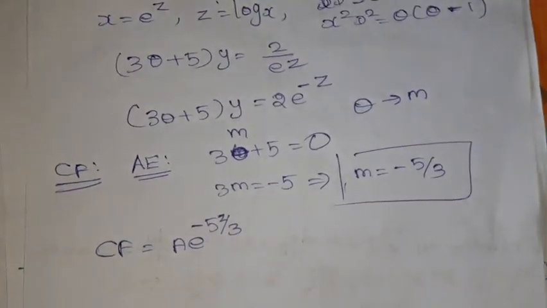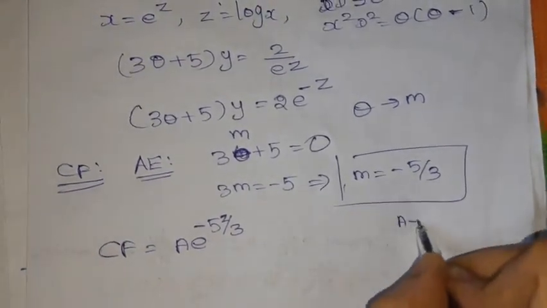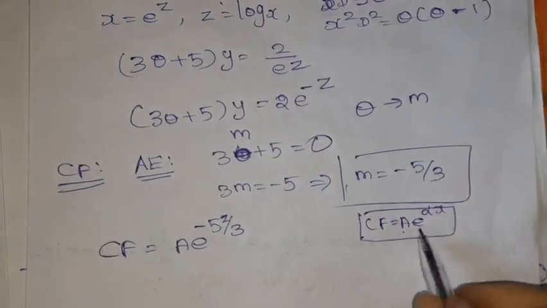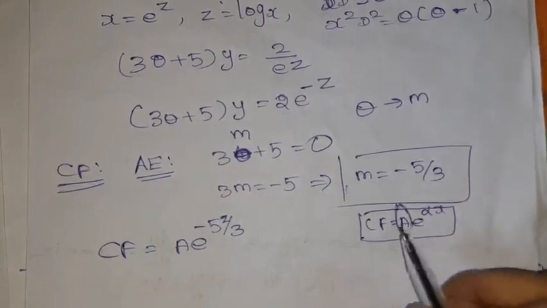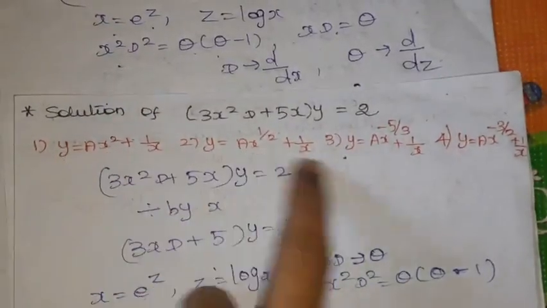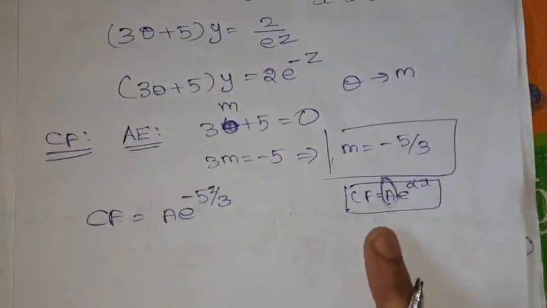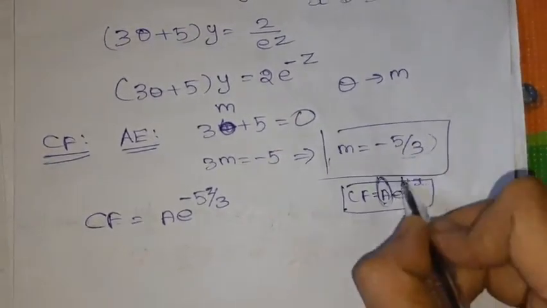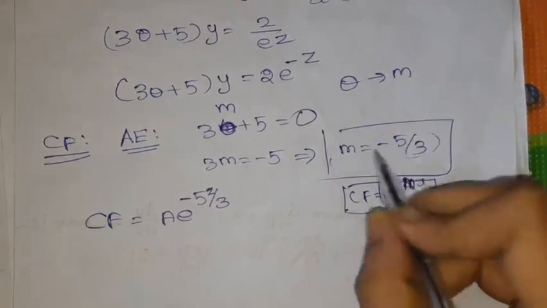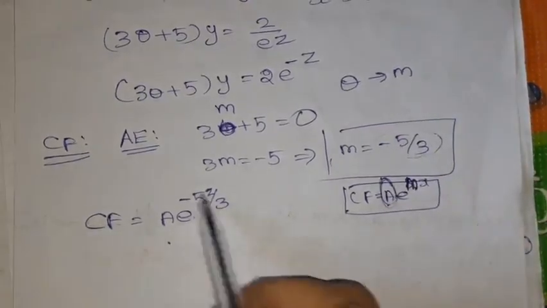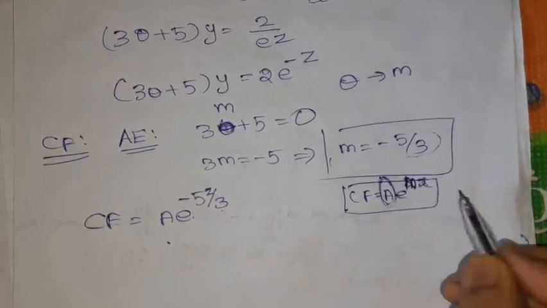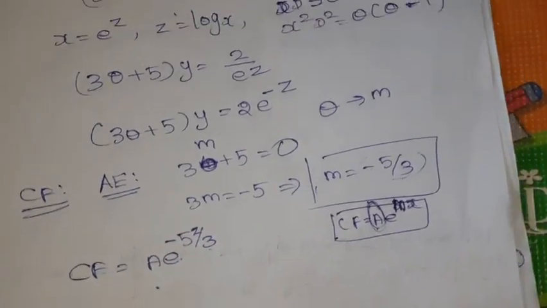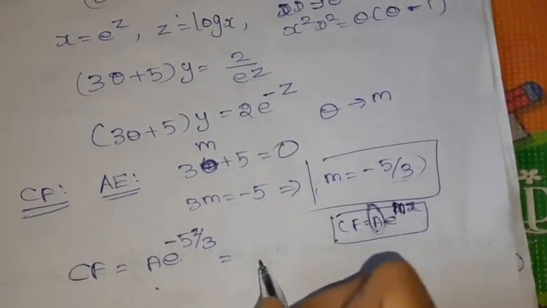In general it is a e power alpha x or a e power mx. Here m is nothing but minus 5 by 3. A is a constant, because in the options given we represent the constant as a. So in place of z we are going to substitute log x, since z equal to log x.